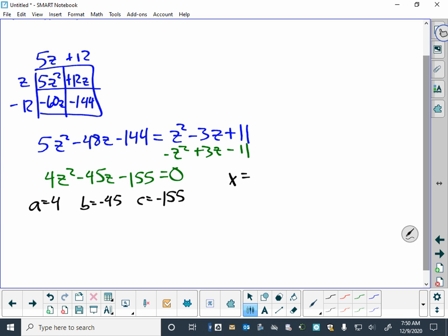And so the answers are going to be the opposite of b, which will be a positive 45, plus or minus the square root of 45 squared, which is 2025, minus 4 times a, which is 4, times the c, which is negative 155. We'll figure that out here in a little bit. All divided by 2 times a, which is 8.